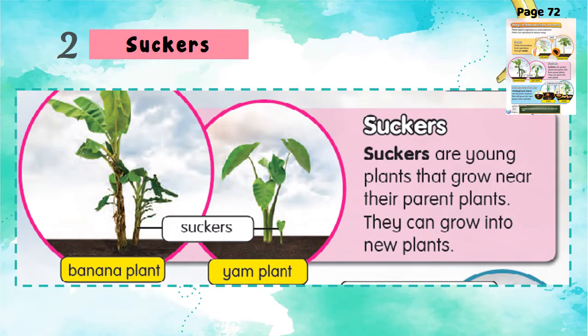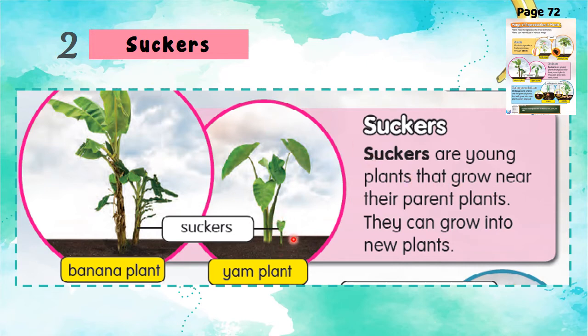Second way of reproduction of plants is suckers. Suckers adalah anak pokok. Suckers are young plants that grow near their parent plants. Look at the picture.